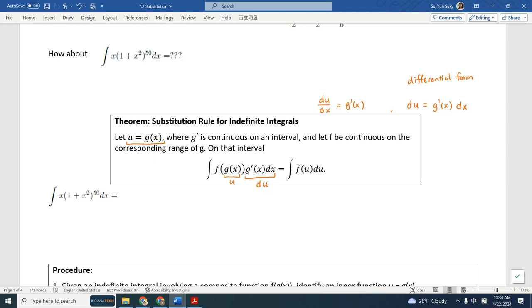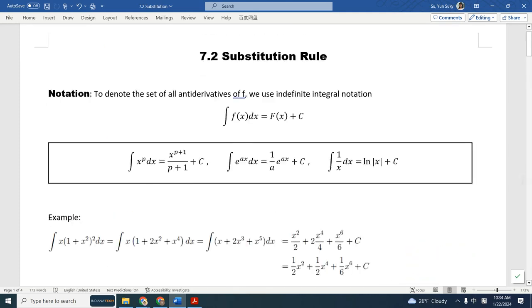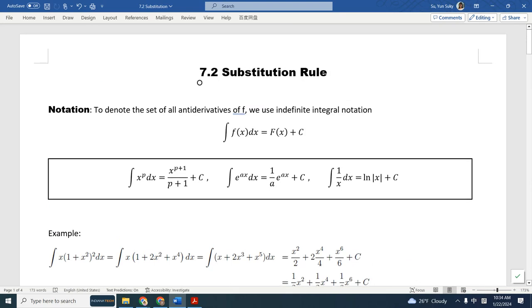Therefore, we can replace g of x by u, and g prime of x dx by du. We get a simpler integral about u. And hopefully, this integral is one of these 3 types. Then you can use the antiderivative formula to integrate.